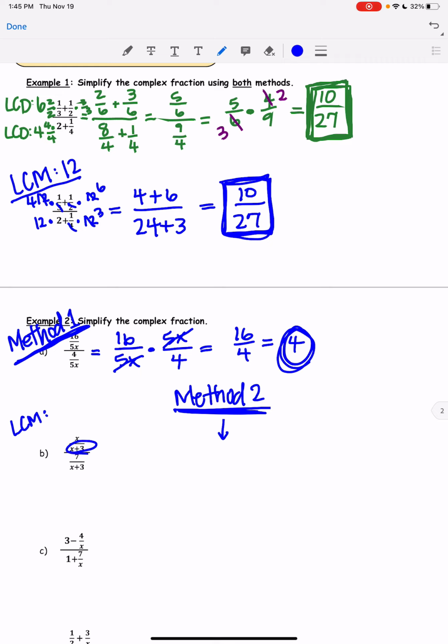And because I only have one thing in the denominator, that's exactly what your LCM is. So your LCM is x plus 3. So multiply every term by x plus 3. Your x plus 3's are all going to cancel. And now what am I left with? I'm left with 7 in the top. Nope, I'm left with x in the top and 7 in the bottom.